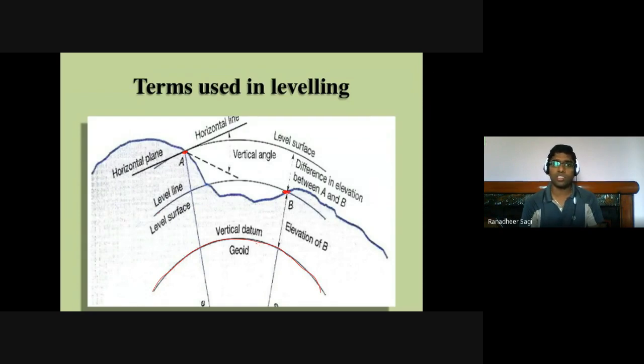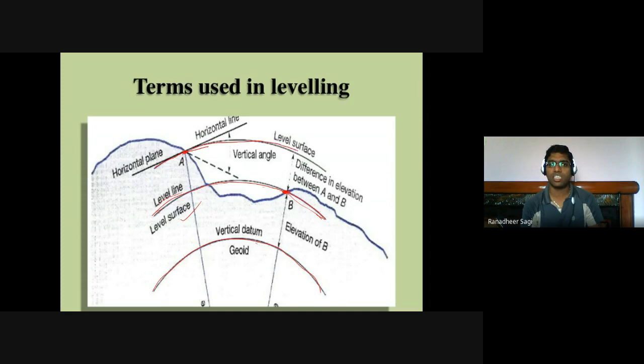Now, if I want to define the elevation difference between those 2 points A and B, I can represent what is called the level surface, or a surface which is parallel to that of your geoid or mean sea level, or any chosen datum. The surface represented through your point B is what I can call your level surface. The line indicated on this level surface is a level line. Similarly, at point A, I can define another level surface.